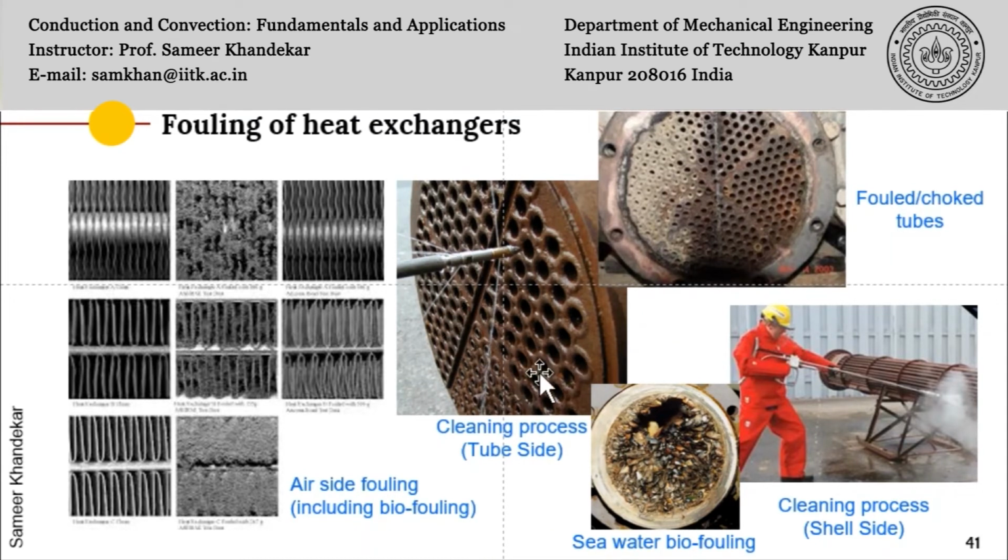Sometimes you also put some zinc or electrolytic material which gets eroded, and to protect such heat exchangers we may put some zinc which by electrochemical action will get easily reacted, and it will prevent the heat exchanger from reacting further. So many things have to be done. We will not go into further details, but as far as thermal analysis is concerned, it's an additional resistance.